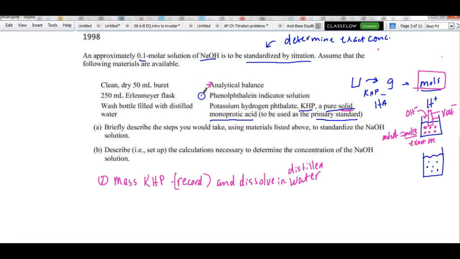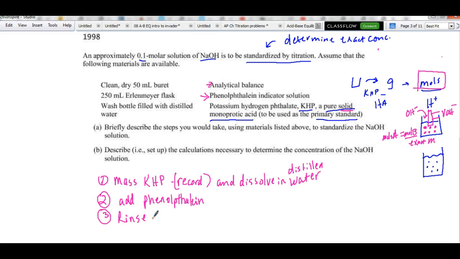Then they even gave us the hint, here we're going to have to add our indicator. So we're going to add phenolphthalein as our indicator. And then we're going to rinse our burette.